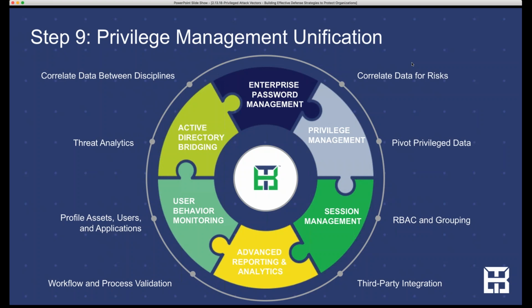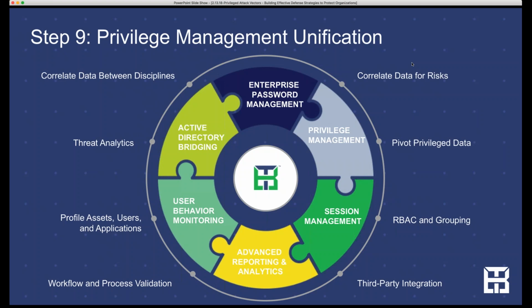The point being here is if you're doing least privilege, which is PAM, you're doing privilege management, which is PAM, you're doing session management, which is PAM, you're doing password management, which is PAM, why would you want 6, 10, 12 different vendors doing each of these different things on all different platforms when they should share and work together?